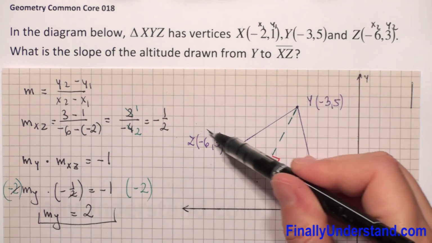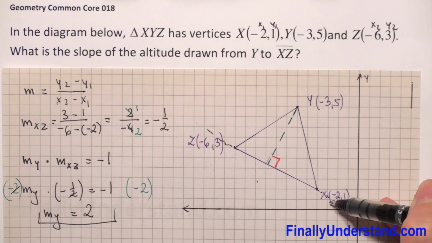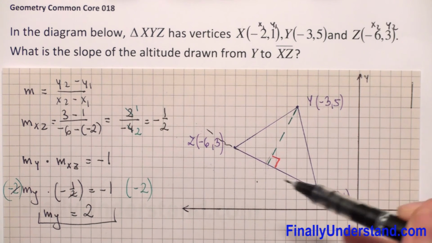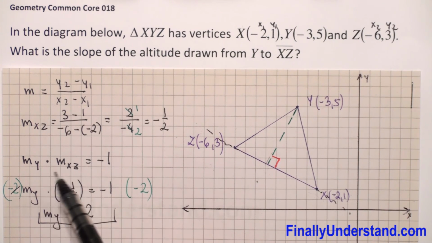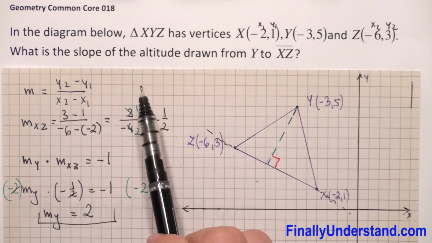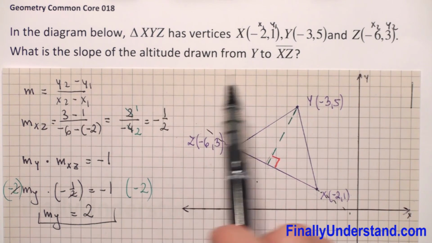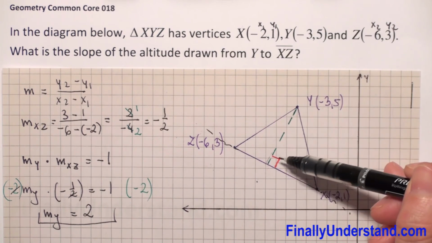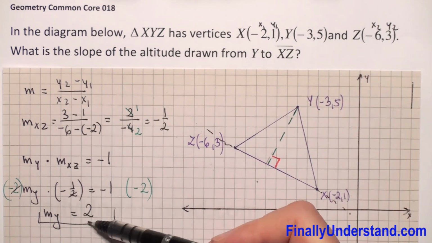This line is perpendicular to XZ. So that's why I can use this formula. The product of these two slopes must be equal to -1 if they are perpendicular. This is my solution. The slope of the altitude drawn from Y to the XZ segment is 2.